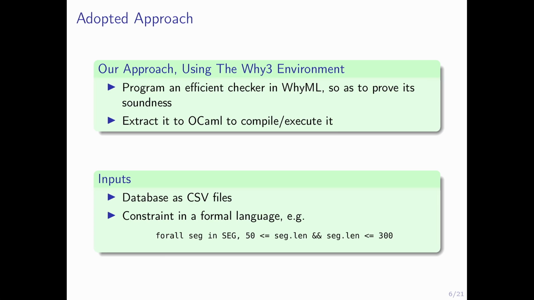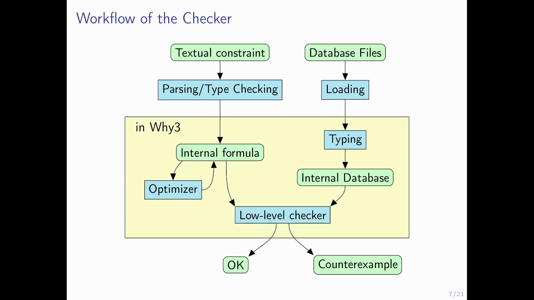We want to write a tool that will read the database, the CSV file that you have seen before, and we have to write the constraint in some formal language like this one, expressing the simple properties on the length of the segment here. So we have this picture for describing this little prototype tool.